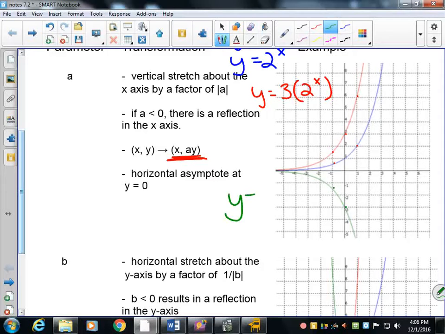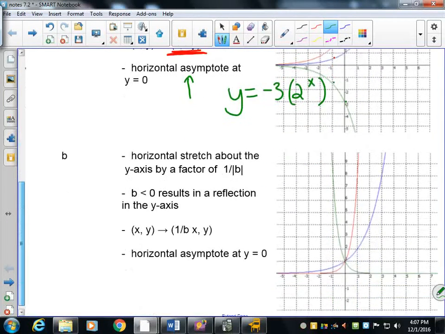So that green graph is y is equal to negative 3 times 2 to the x. So if you have a negative a value, it basically flips it around the x-axis, right? You're going to invert the graph.